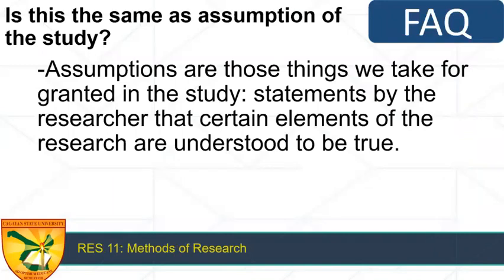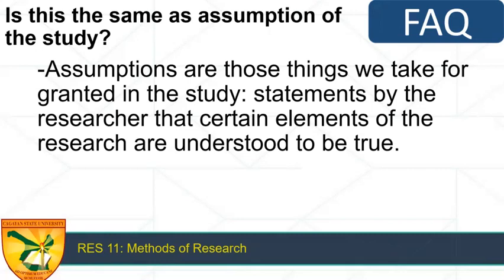Another frequently asked question: is this the same as the assumption of the study? Assumptions are statements of what the researcher believes to be facts but cannot verify. Oftentimes, especially in descriptive and historical researches, assumptions are not explicitly expressed but left implicit. That is, they are unwritten.